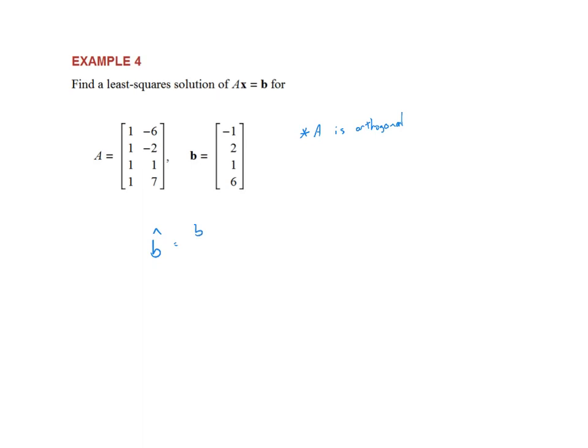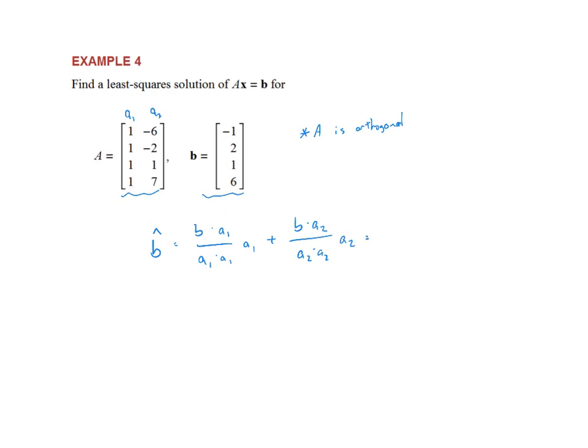It's b dot a1 over a1 dot a1 times a1, remember that formula, plus b dot a2 over a2 dot a2 times a2. We're orthogonally projecting the vector b onto the column space of A. Because the basis of the column space is orthogonal, there's a nice convenient formula for that.